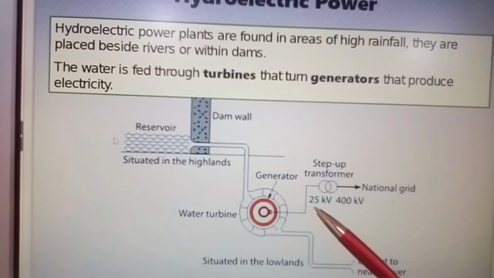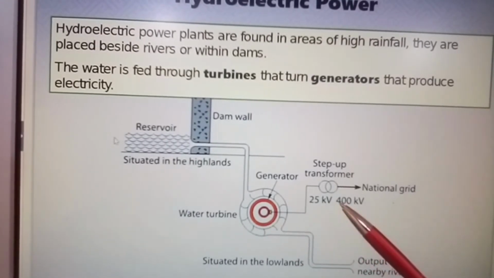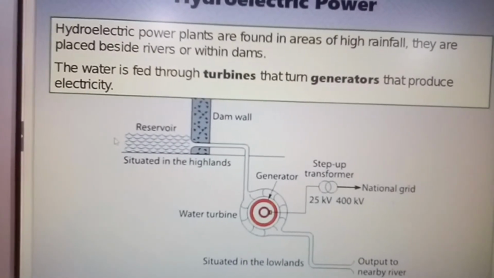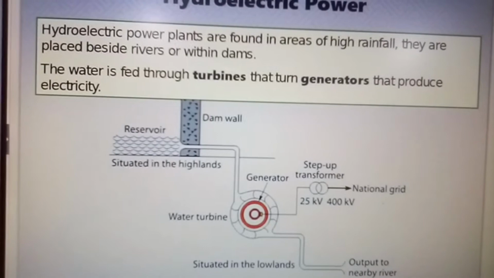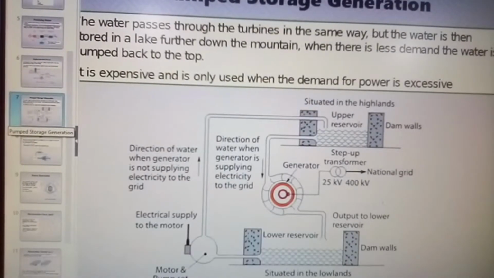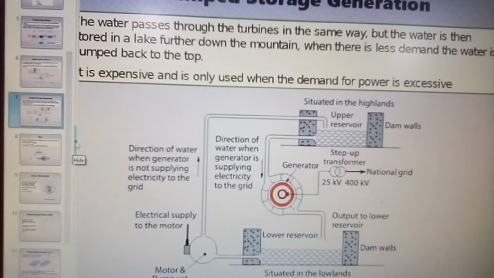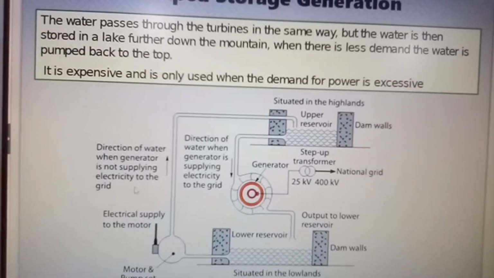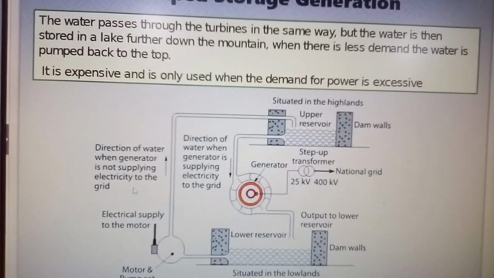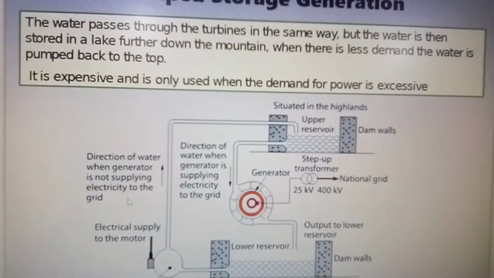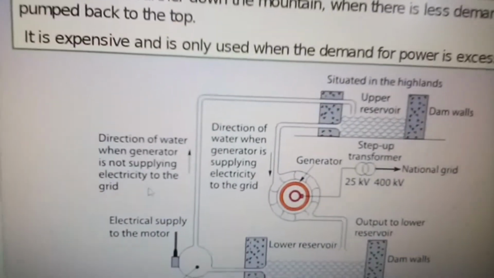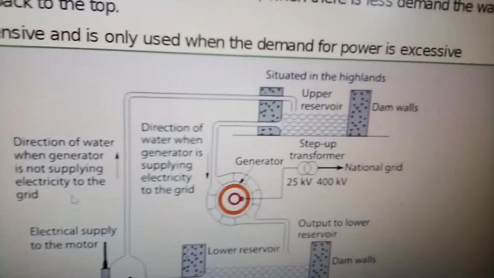You can see here 25,000 volts generated, and then it's transformed up to 400,000 volts. And here we have what we call pumped storage generation. I'm not going to be reading this out to you. You can read this for yourself, and you can see the diagrams clearly there.